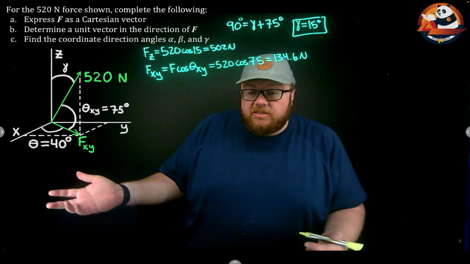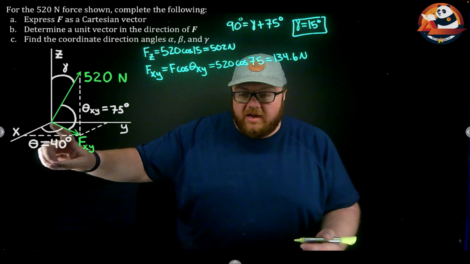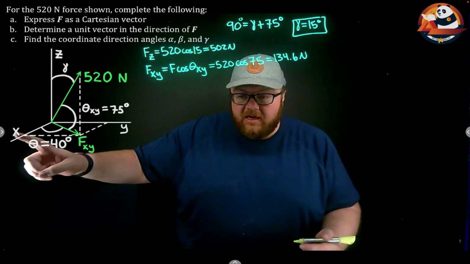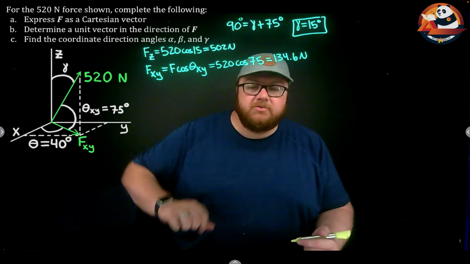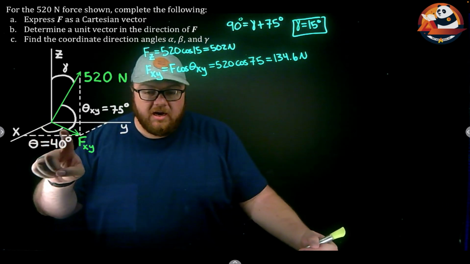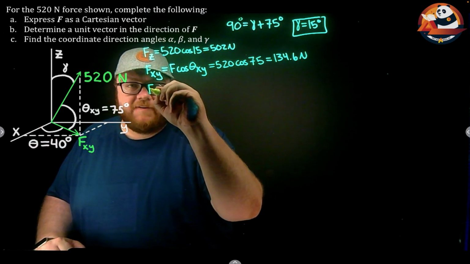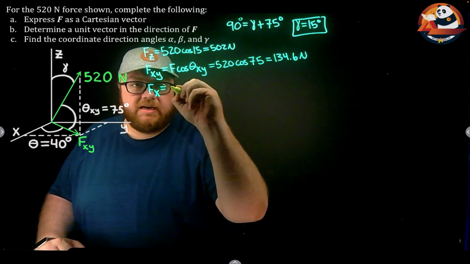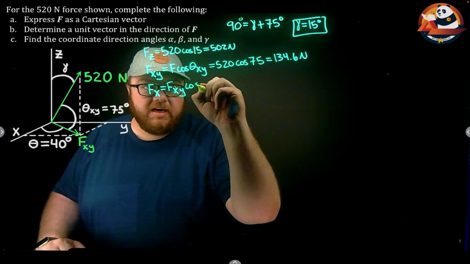Our next piece, we can come in and say, if I have that 2-dimensional piece, really it's just breaking things up into x and y components. I have a 2-dimensional triangle in here with a y component, an x component, and a hypotenuse on that. My hypotenuse, Fxy, is 134.6. My x-axis would be adjacent to that. So I can say that my Fx is my hypotenuse, Fxy, times the cosine of theta.